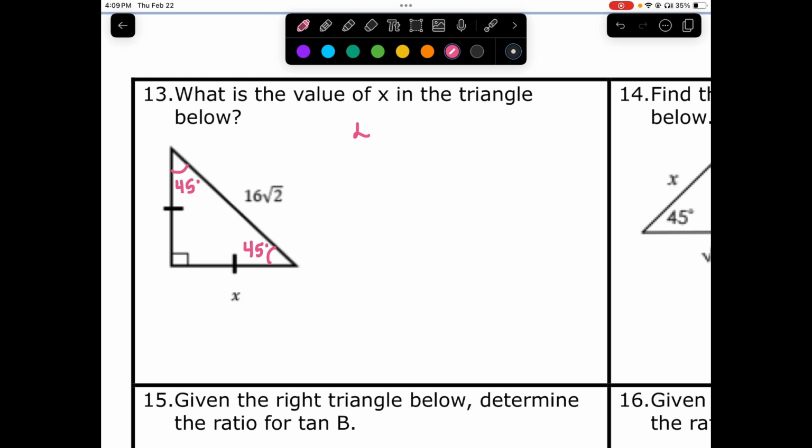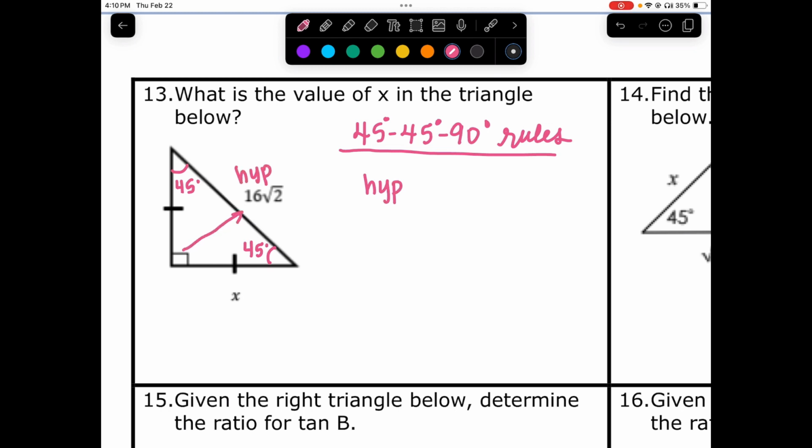So we're going to use 45, 45, 90 rules. The 45, 45, 90 rules state that if you do know the hypotenuse, which we do, then all you have to do is divide by the square root of 2, and that'll give you the length of the leg. And since this triangle is isosceles, both of the legs are going to be equal.